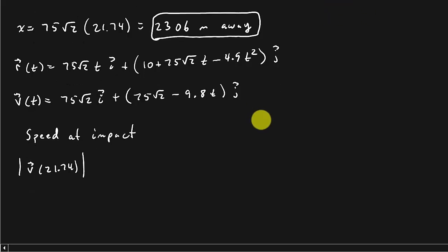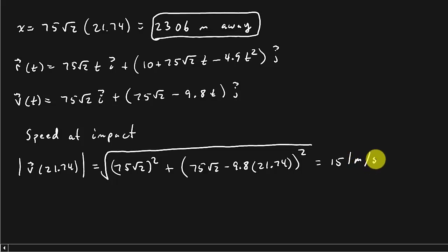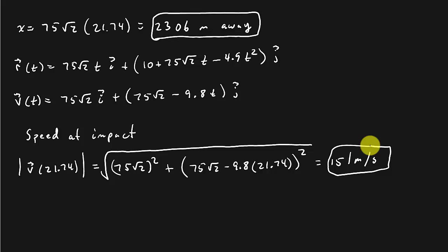So this is going to be the square root of 75 square root of 2 squared plus 75 square root of 2 minus 9.8 times 21.74, squared. I'm replacing the t with 21.74. And so that's about 151 meters per second. There's your answer. That's not bad at all.